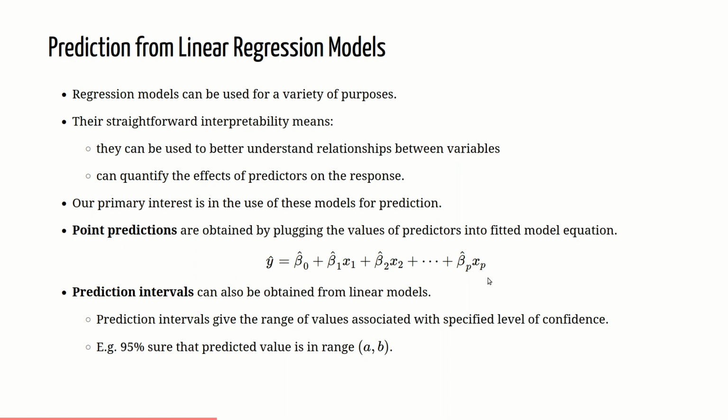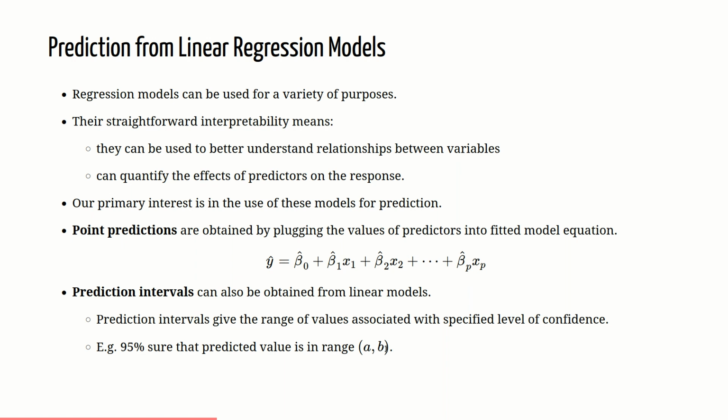Because I know what the betas are. And on top of that, because the linear model has lots of nice mathematics behind it, we know how these betas are distributed. So we know that each of them typically comes from a t-distribution, which is sort of like a normal distribution, okay? And we know exactly what the standard errors are associated with it, so we can incorporate the uncertainty that we have about that prediction to give you an uncertainty interval with a specific level of confidence.